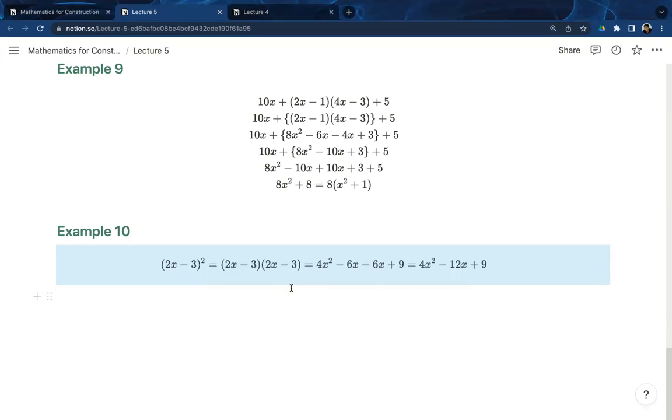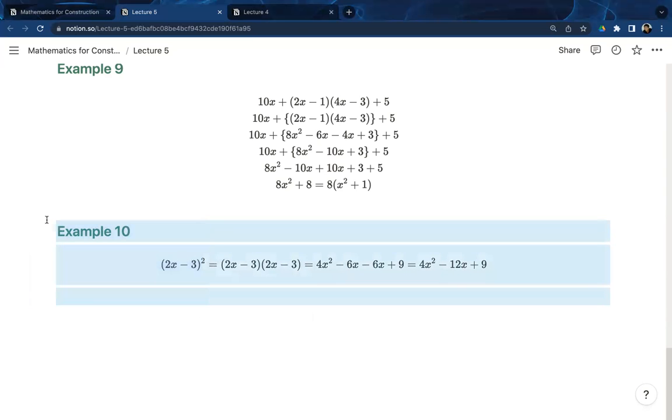Right? This is how you would expand two brackets here. It's just that these brackets are the same. Everybody cool with this?